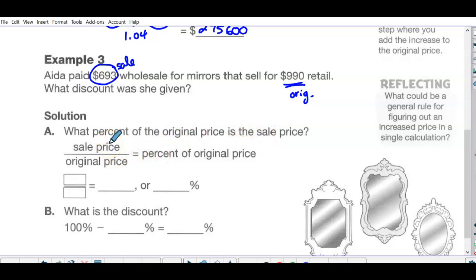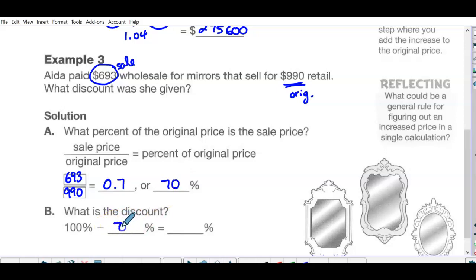So again, there's a couple ways of doing this, but this is one way. So if we take what she actually pays, $693, as compared to the retail price, if we divide that, you end up with 0.7, which is 70%. So she ended up paying 70% of the original.